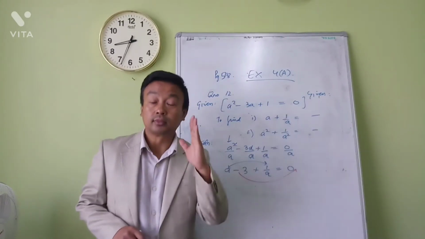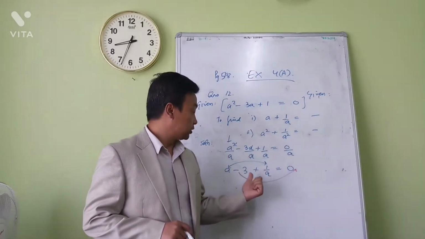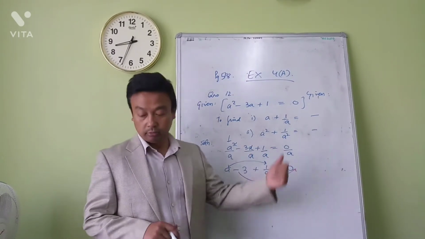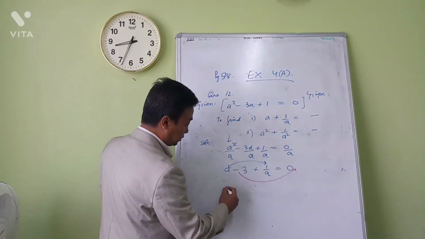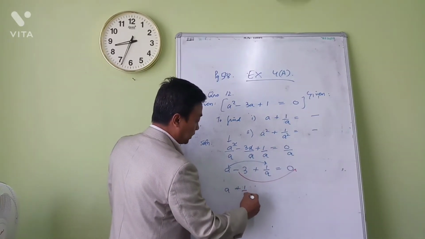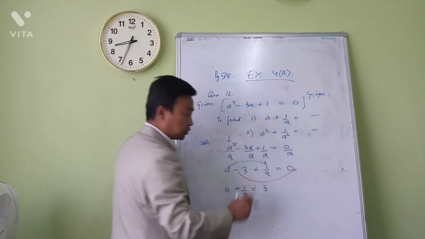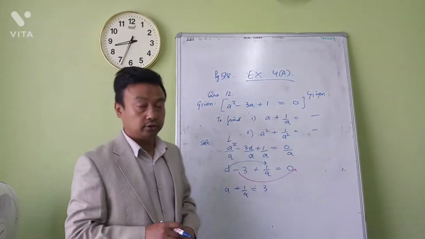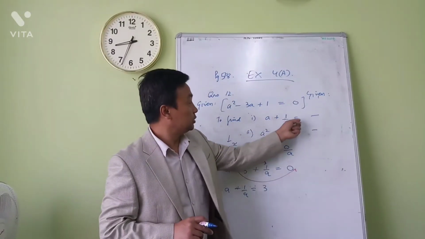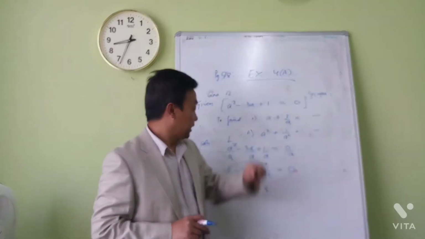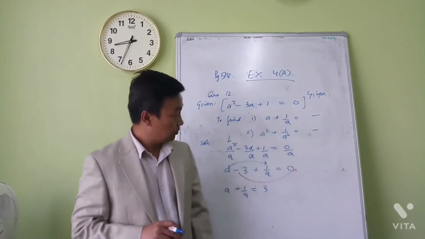The sign which is preceding the term will always change. If it is a minus, it will become plus. So therefore what we get here is a plus 1 by a will remain here. Minus 3 goes to the side and becomes plus 3. So from this derivation, we have already got the value of a plus 1 by a, which is equals to 3.